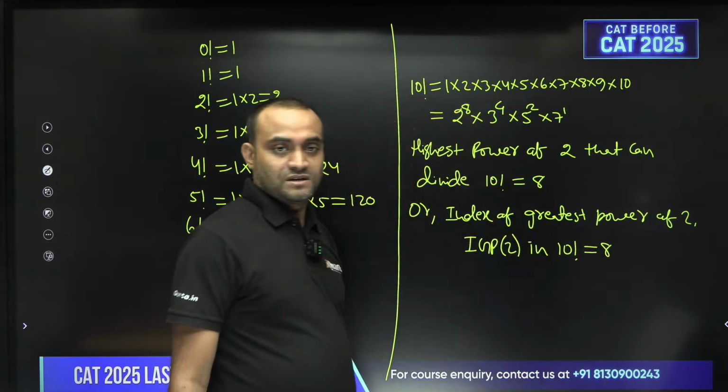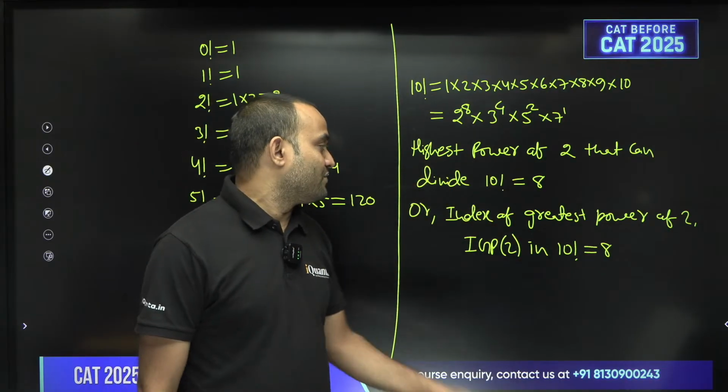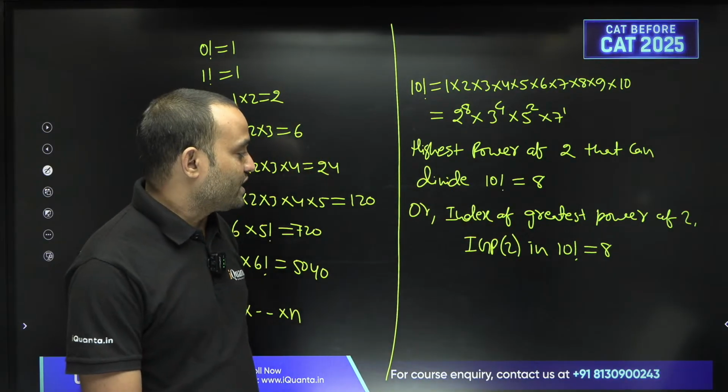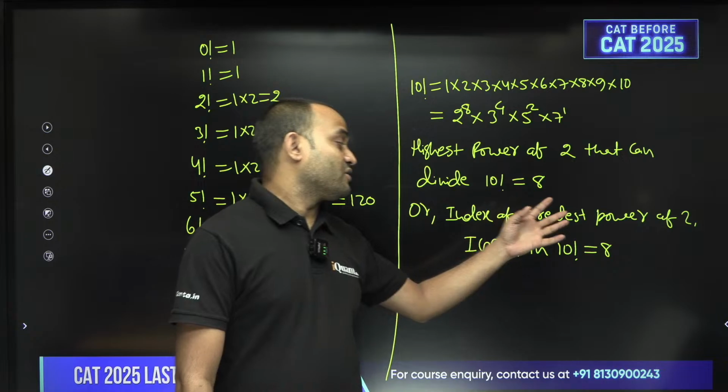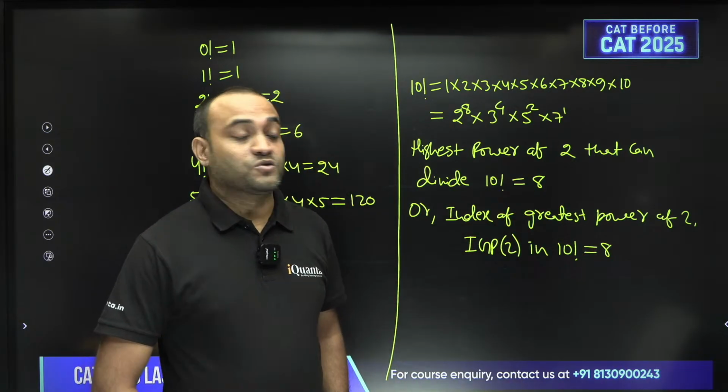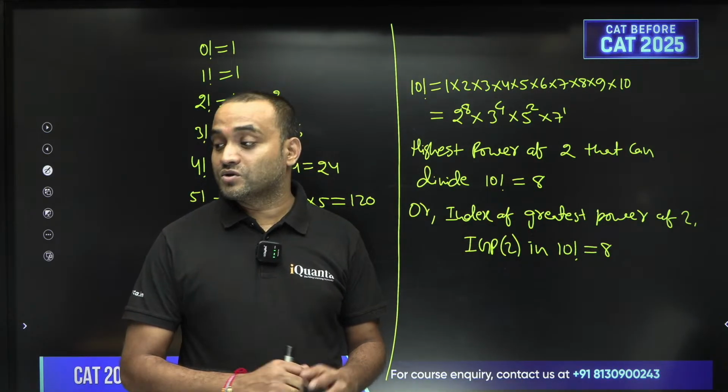Both of these are same thing. Highest power of 2 that can divide 10 factorial is equal to 8, or index of greatest power of 2, which is IGP of 2, that in 10 factorial will be equal to 8.